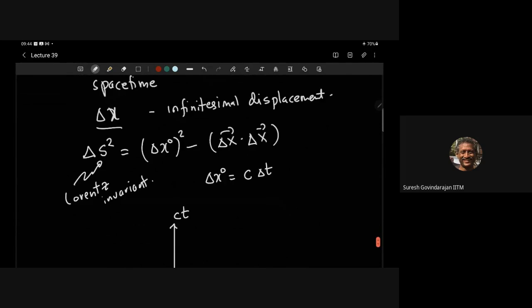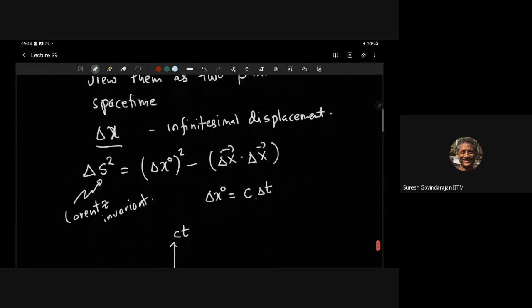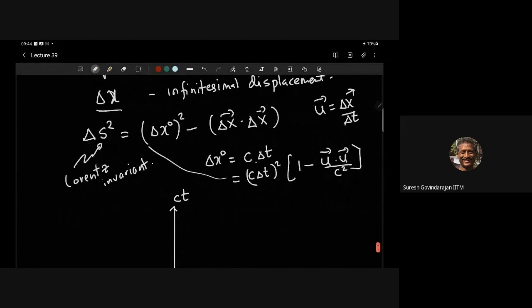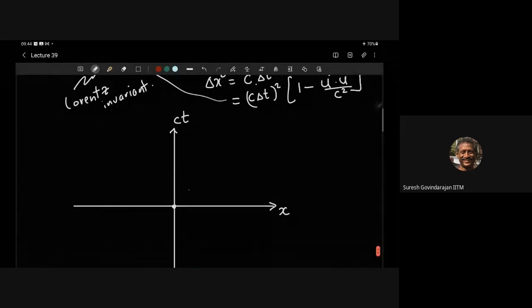Because for a light ray, speed is C. So you will see that this is equal to, where I'm just saying U is just delta X by delta T. So you see that if magnitude of U is C, this becomes 0. So what you will see here is that this means it moves at angle 45 degrees.